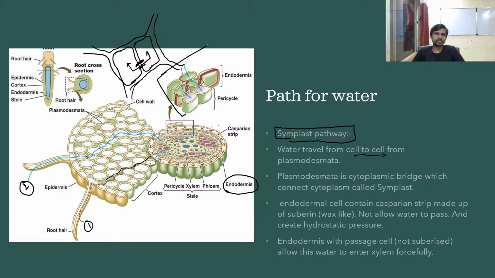This red part is called the Casparian strip. This Casparian strip is made up of wax material, or you can say suberin. Directly, you can write it as suberin.